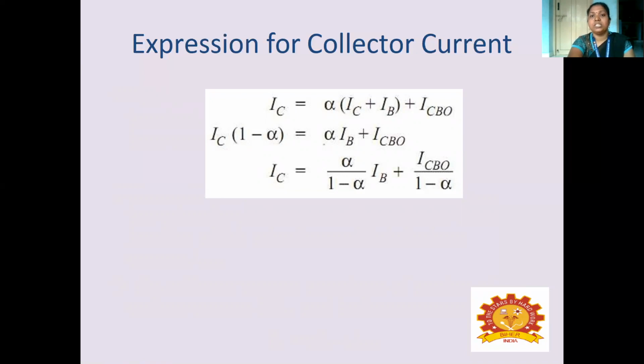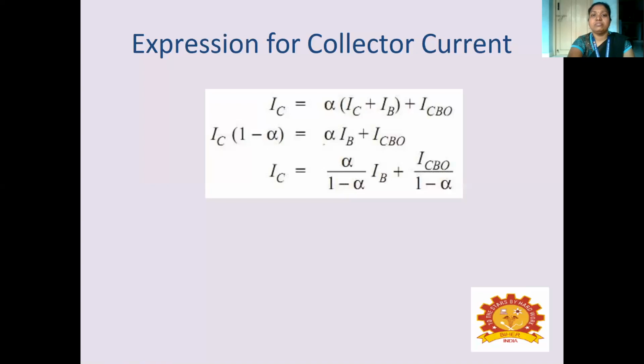We know that IC is equal to alpha IE plus ICB0 and IE is equal to IC plus IB, so I substitute IE equal to IC plus IB in this equation. Then I take alpha IC as common.